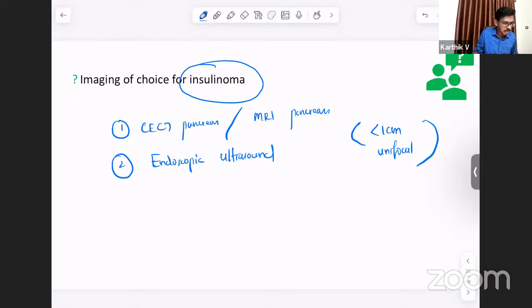So again, a question: what food to give during the mixed meal test? There are two options. One, you take the history of the patient, and the patient will tell you that usually the episodes occur with certain food items. Like if I take idli and sambar, or if the patient takes bread and jam, he develops hypoglycemia in say 3 to 4 hours.